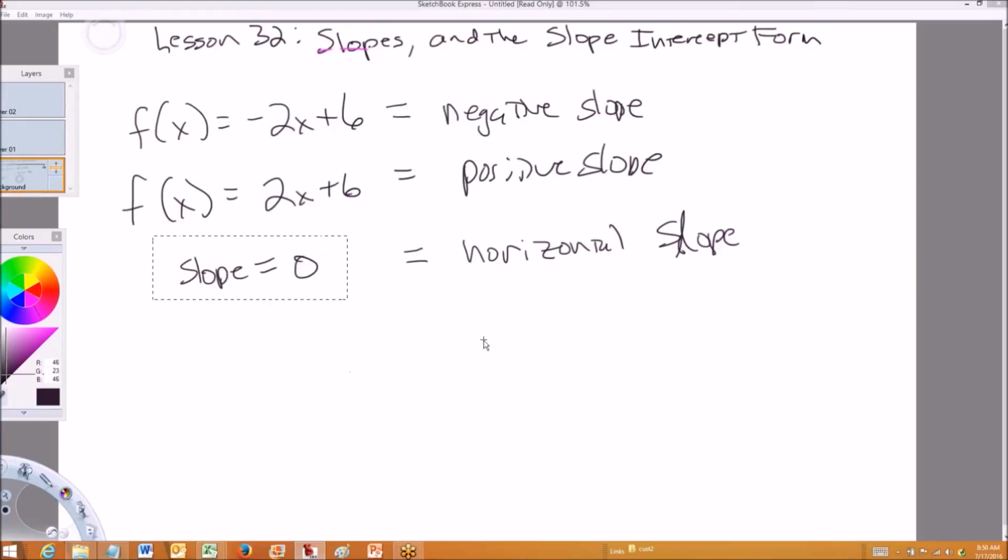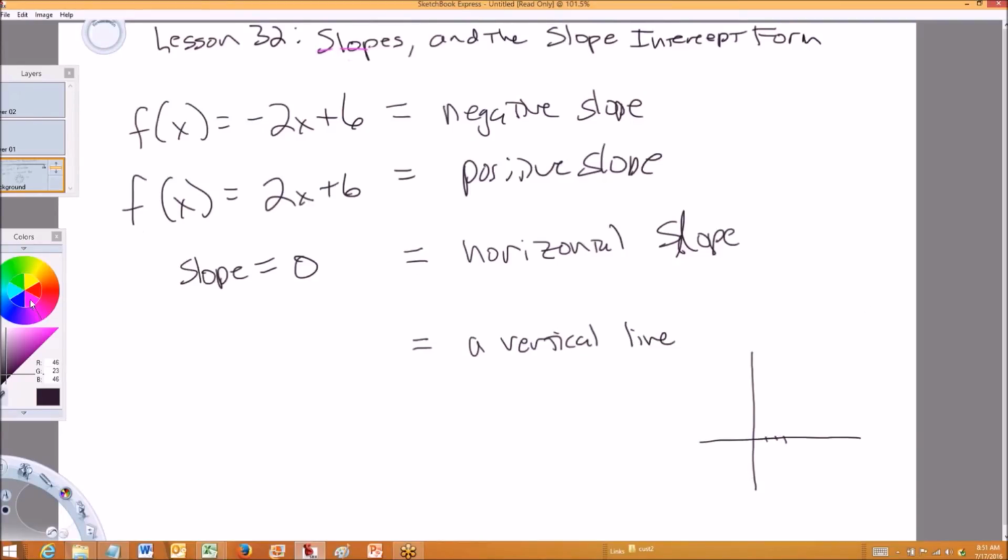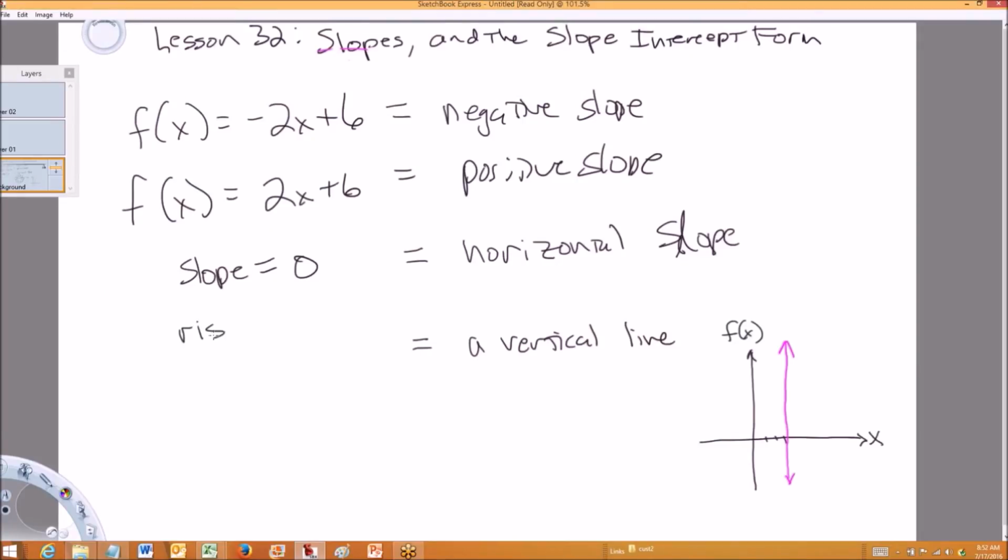Now, what if we have a vertical line in our graph? If it's truly a vertical line, it will never intersect the y-axis or the f of x axis. The problem with this is slope is rise over run, but look at our run.